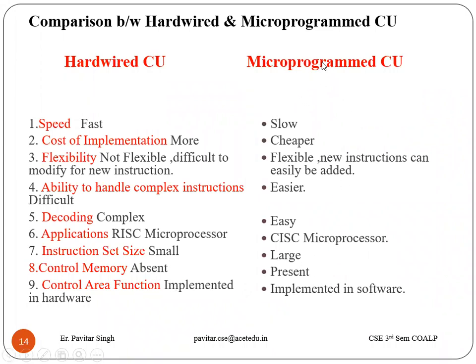In microprogrammed CU, your microinstructions, your microprogram, are stored in control memory, which is why we have written present. The last attribute is control area function: implemented in hardware in hardwired CU, and implemented in software in microprogrammed CU. So these are the differences between hardwired and microprogrammed CU.